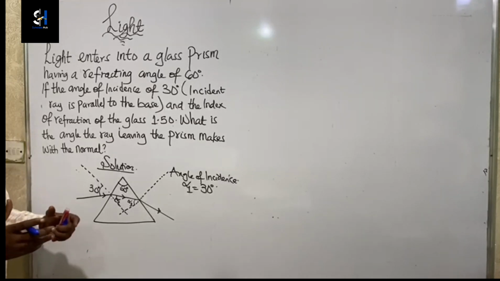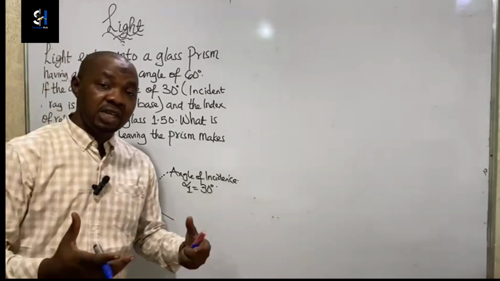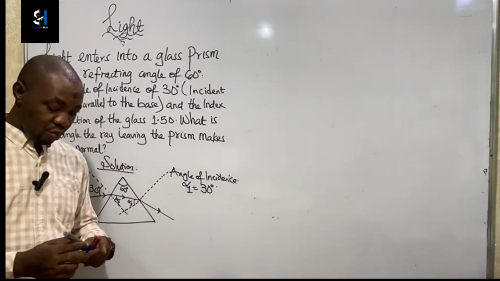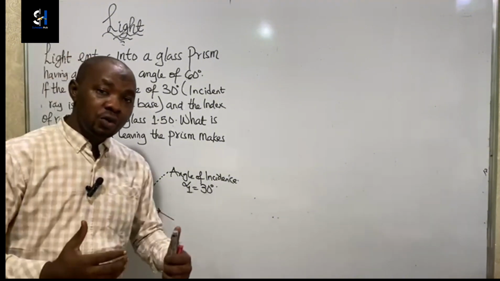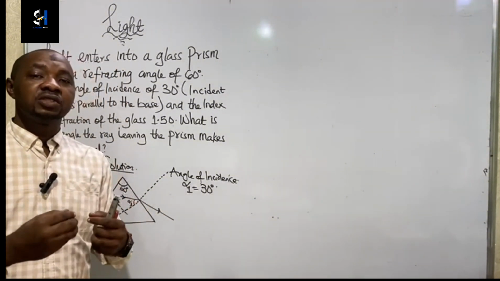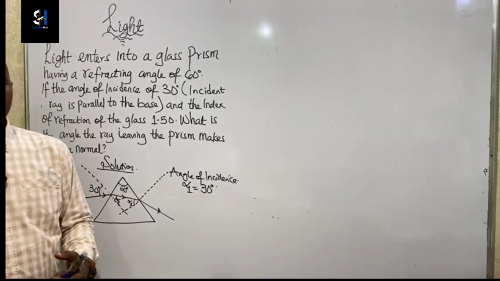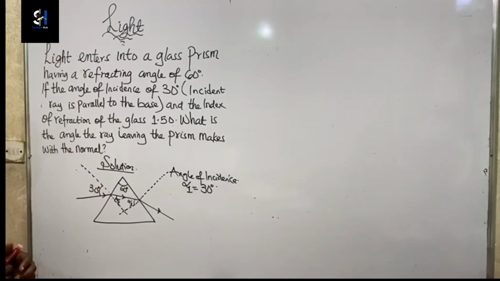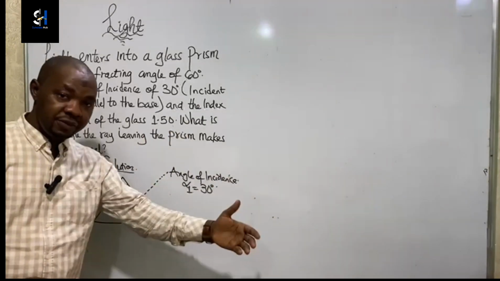Now, this is the case of dispersion of light, when the different colors of white light refract through different angles of deviation.